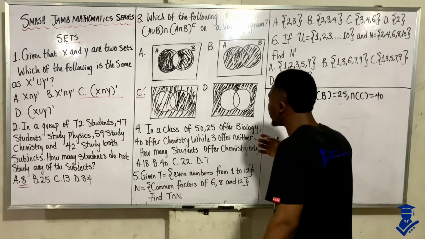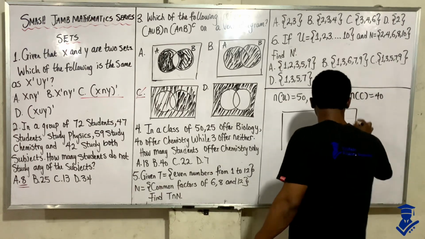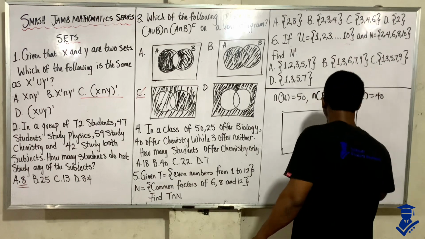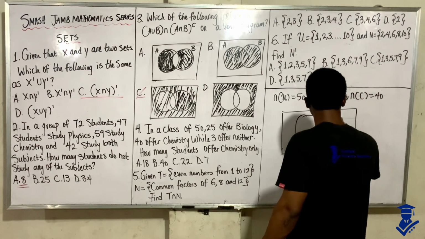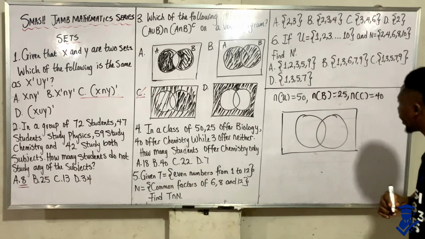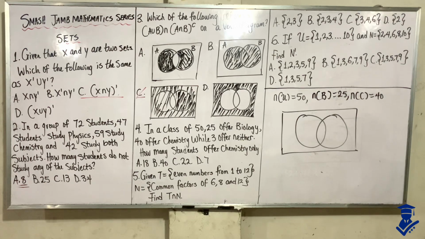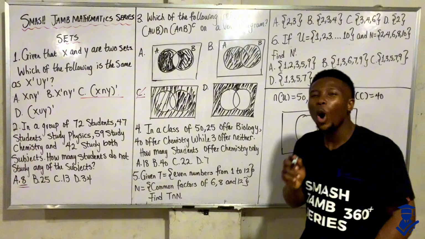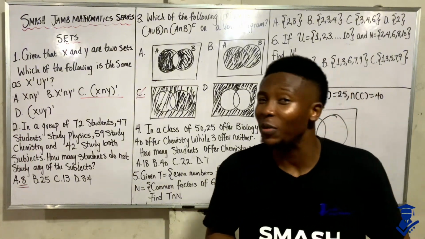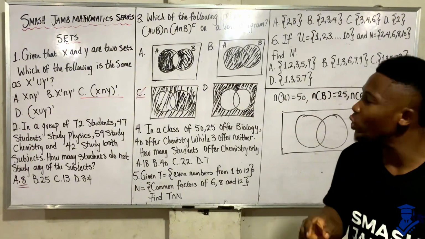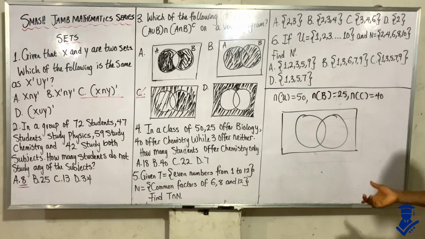Now, let's use our Venn diagram. So we have our Venn diagram, and then we have biology, and then we have chemistry. Alright? Now, like I said, always settle your intersection first before any other thing. Always settle your intersection. So we do not know our intersection.